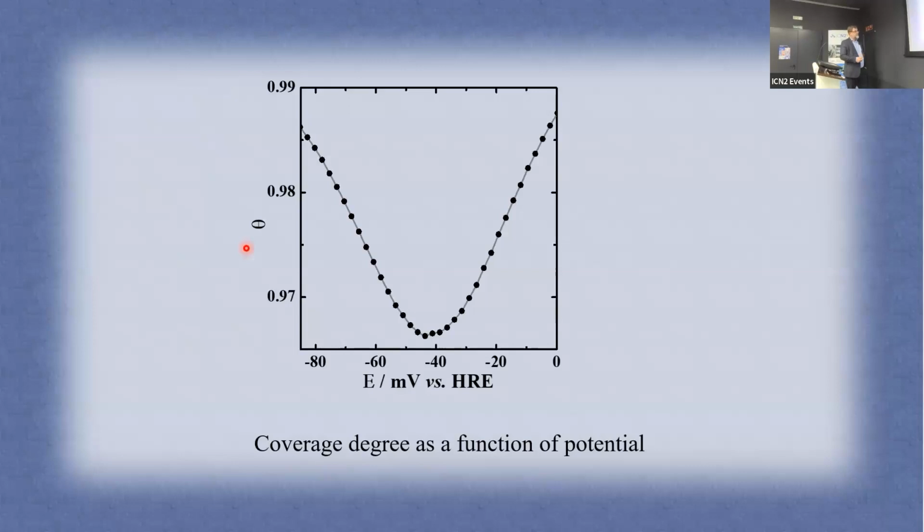This is the surface coverage degree as a function of potential, where we have used the Langmuir isotherm.